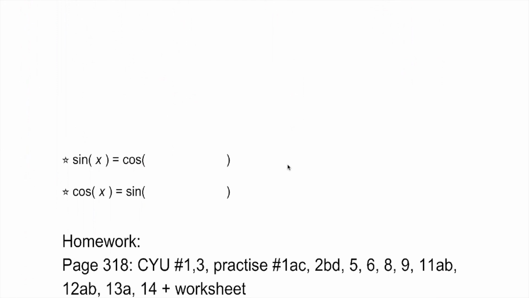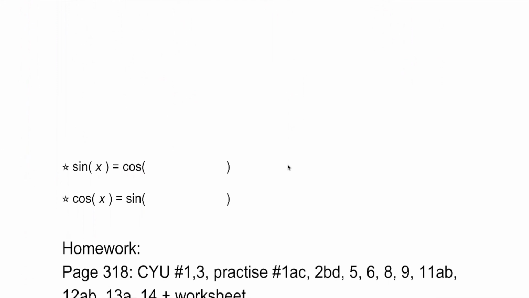So here I just have some pointers. So in general, let's look at our graph. We look at the sine curve. Basically here, we're saying that the cosine curve, which would start here, is really sine shifted to the right 1/4 of the period.